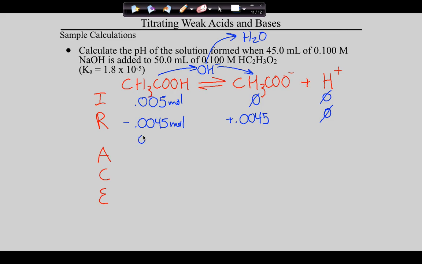So 0.005 minus 0.0045, but then, oh gosh, this is moles, and then we need to divide by the adjusted volume, 0.095 liters. Okay? Well, it'll probably be just as easy for me to do this.